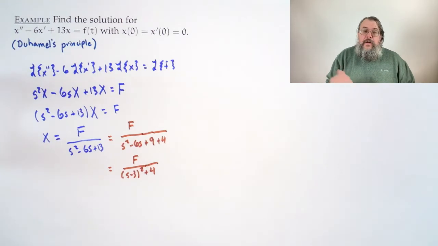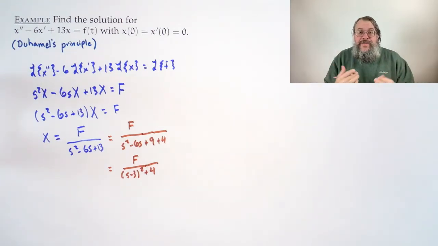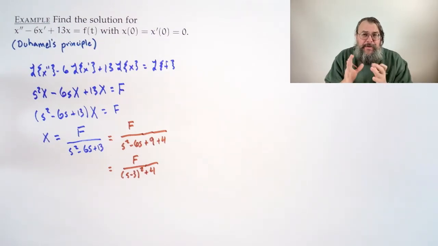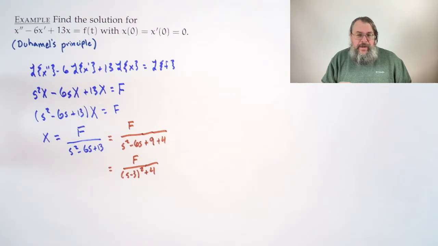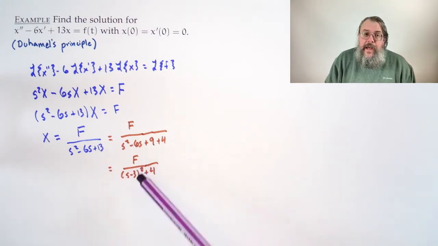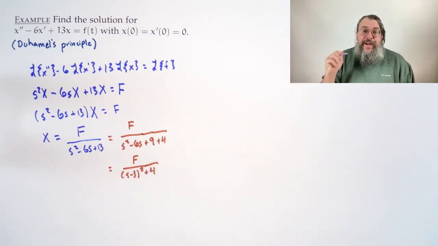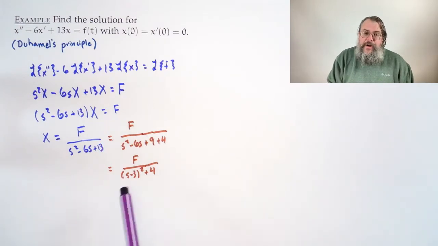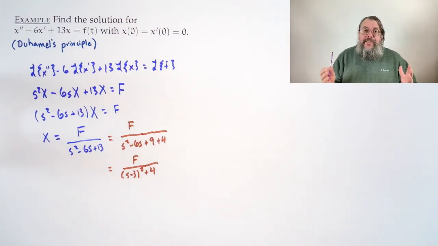All right, great. But still, how do we take the inverse Laplace? Now, normally we'd be stuck, but we can use the tools we just learned and say, all right, we have two things that we want to take the inverse Laplace of. We have this F, and we know how to take the inverse Laplace of F because it's little f. And then we have this other part, s minus 3 squared plus 4 downstairs.